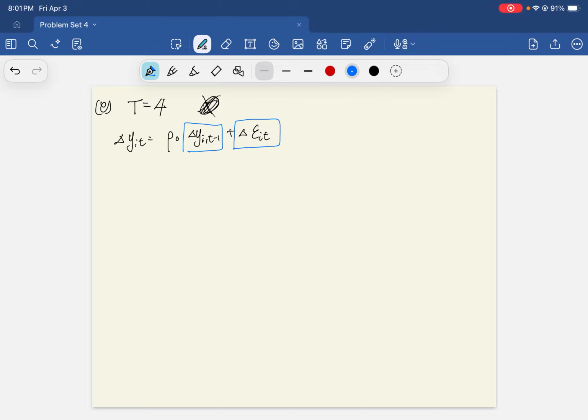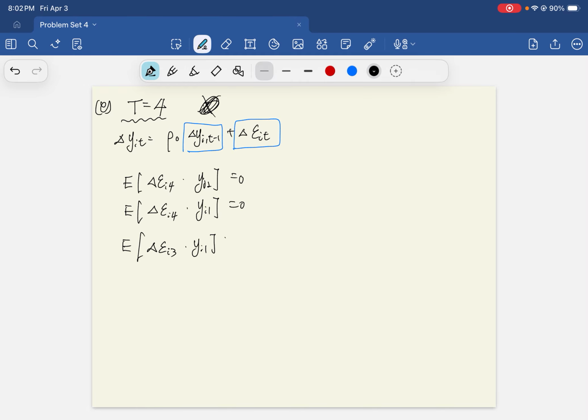Okay, so then the moment conditions we can utilize here, because remember T is 4, are: delta epsilon i4 is uncorrelated with y_i2, and also delta epsilon i4 is uncorrelated with y_i1, and also delta epsilon i3 is uncorrelated with y_i1.